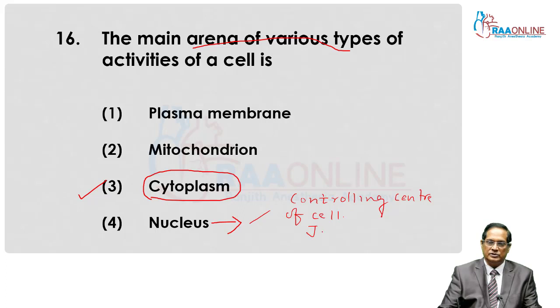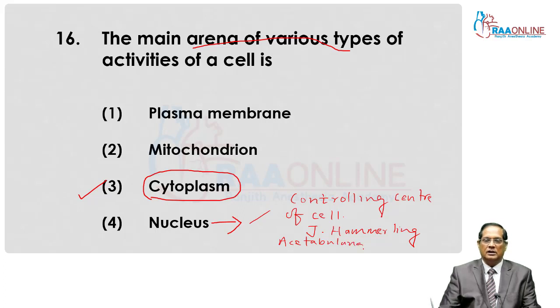According to whom? J. Hammerling proved that. He experimented on Acetabularia, an alga, and concluded that the nucleus is the controlling center of the cell.